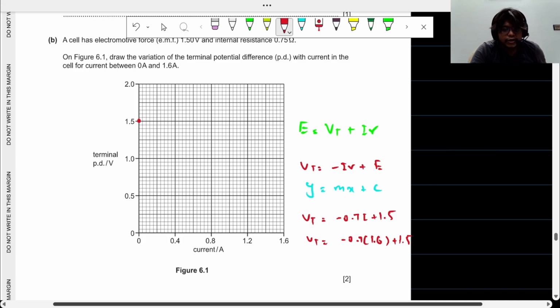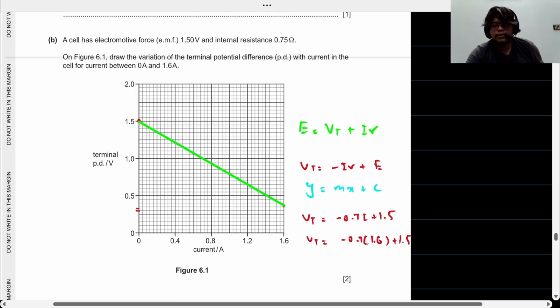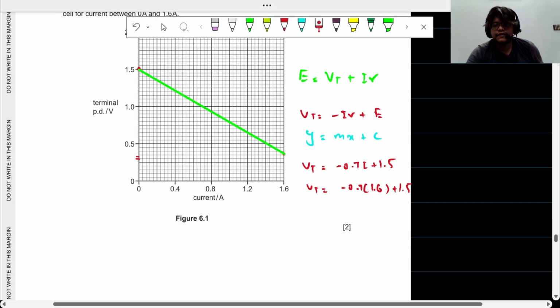So this is 0.25, 0.3, 0.35. So it would be something around here. So this would be your second point. Just draw these two points joined by a line and you will have your graph. So this is your graph for the terminal potential difference and the current.